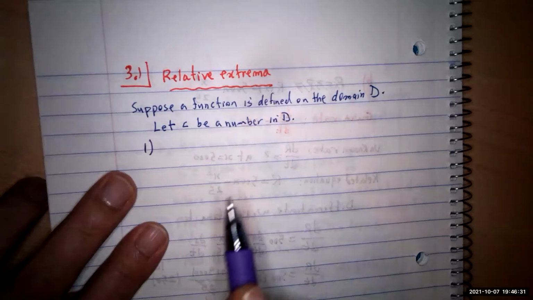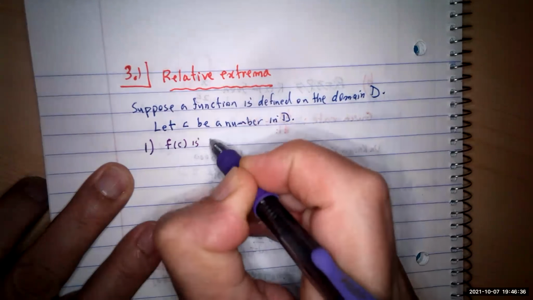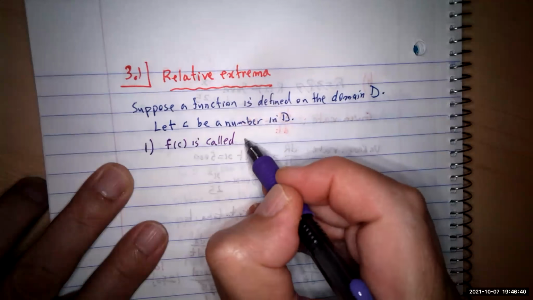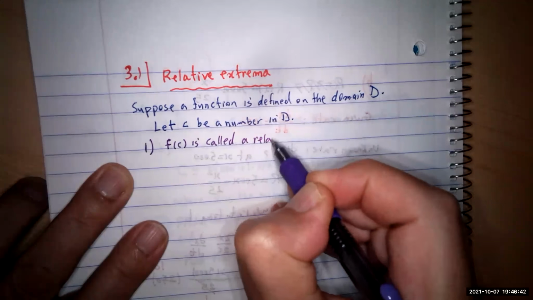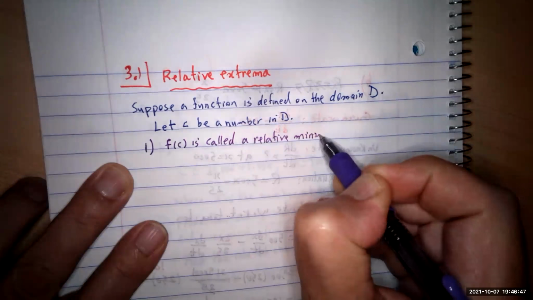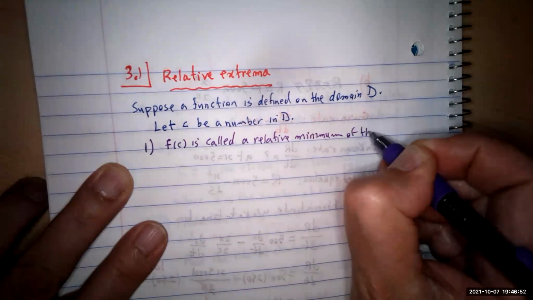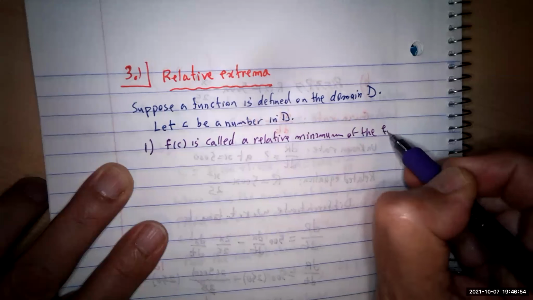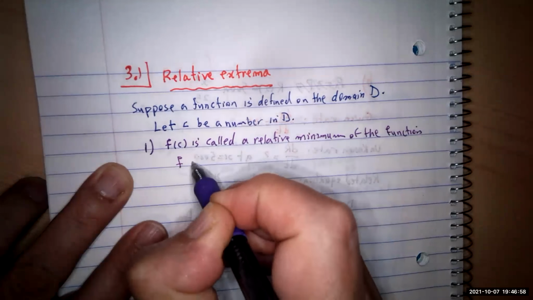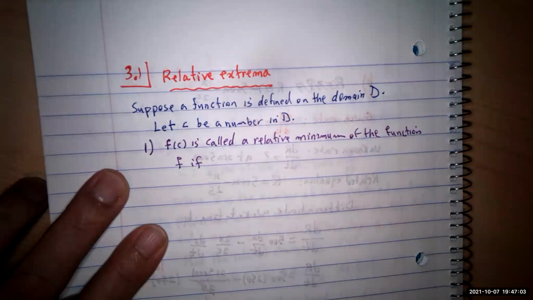So in this case, f of c is called a relative minimum of the function f, if this is the smallest value of the function, but not all the time.